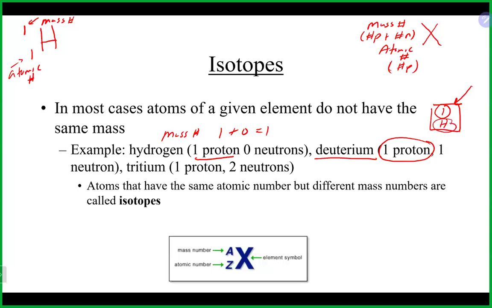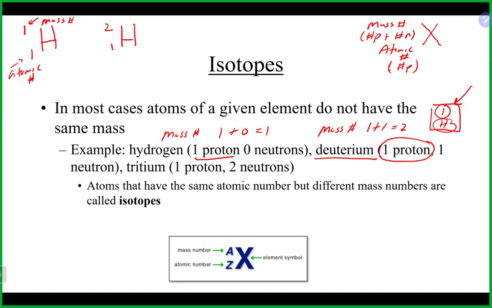And that is the symbol we would use, even though it has a different name in a sense. It would still be an atomic number of 1 on the bottom there. But now when we get to deuterium, it actually has a neutron, which means the mass number for deuterium is going to be 1 plus 1, which is 2. And that is what would go up on top for our mass number.